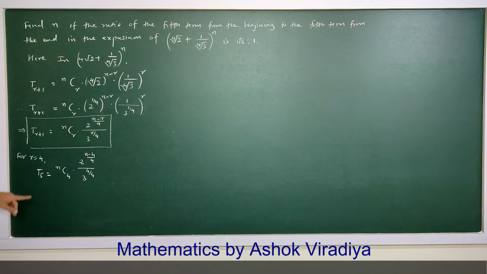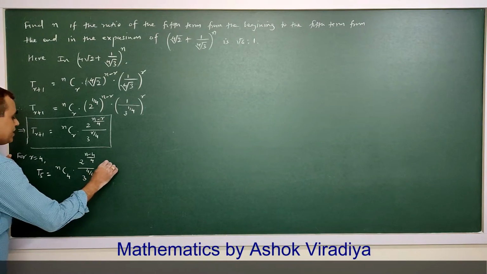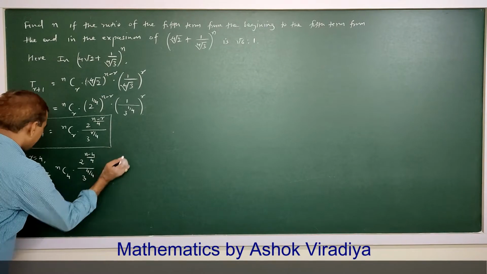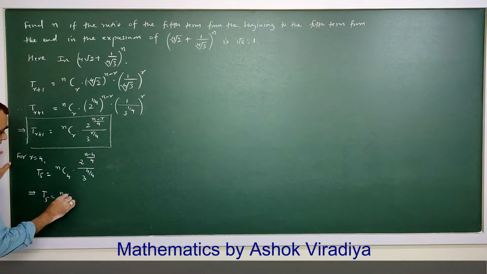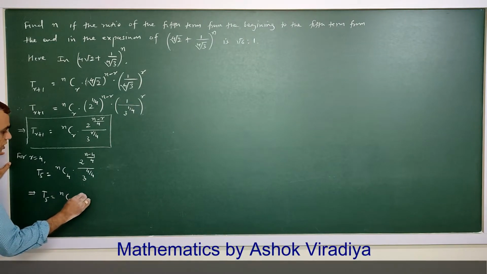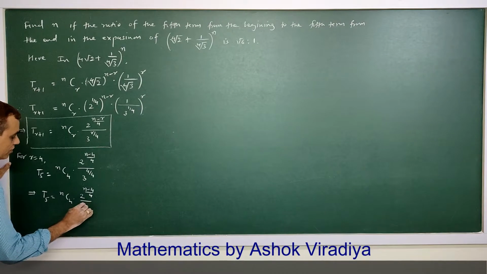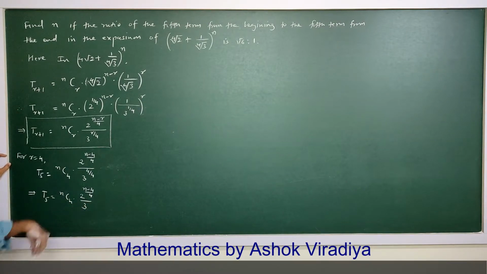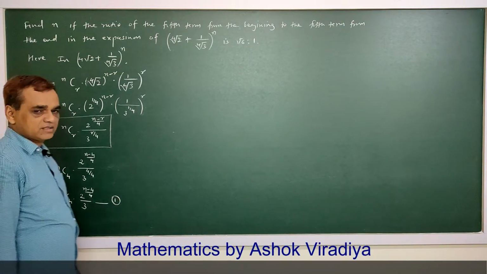Therefore, the fifth term is NC4 2 raised to n minus 4 by 4 upon 3, since 3 raised to 4 by 4 is 3. So this is result 1.